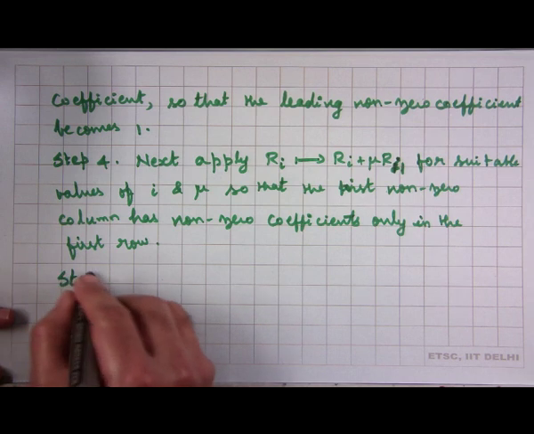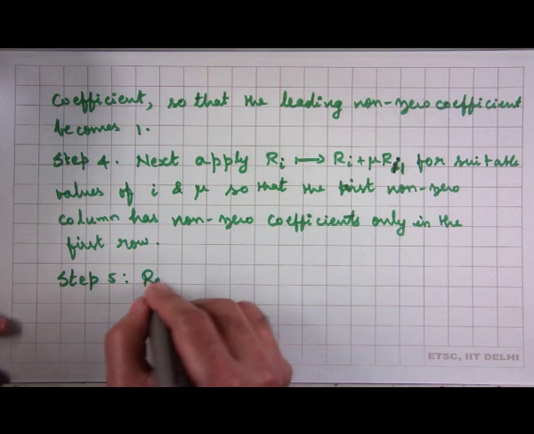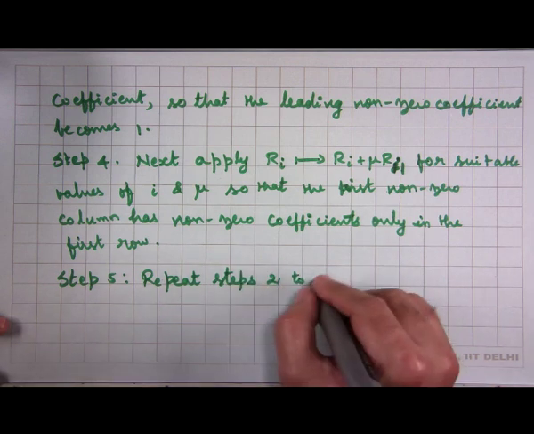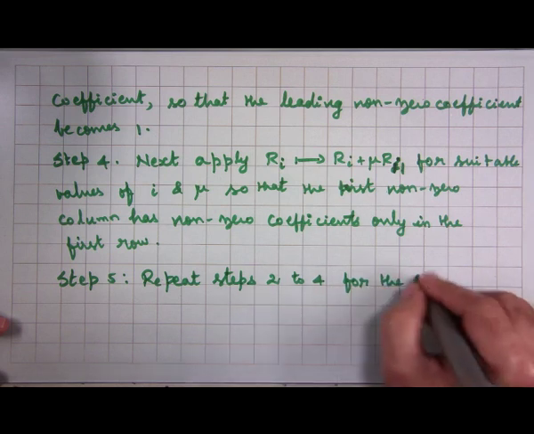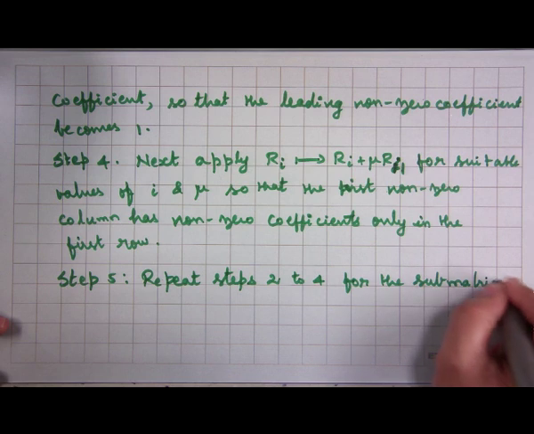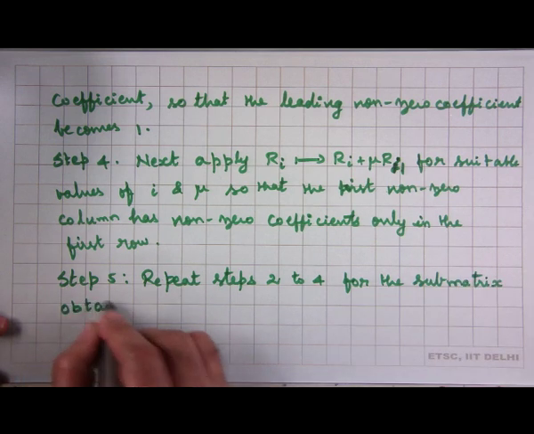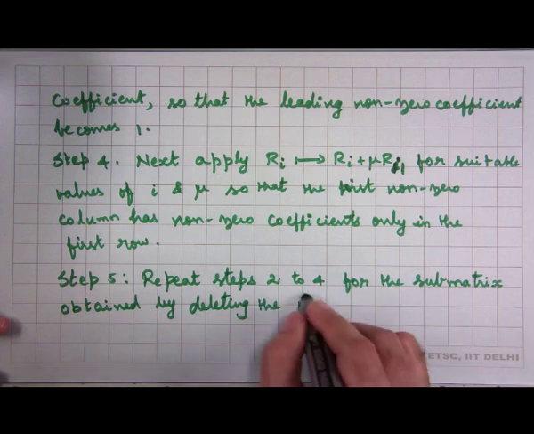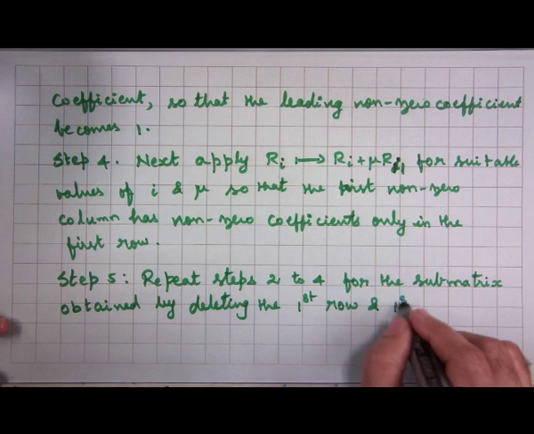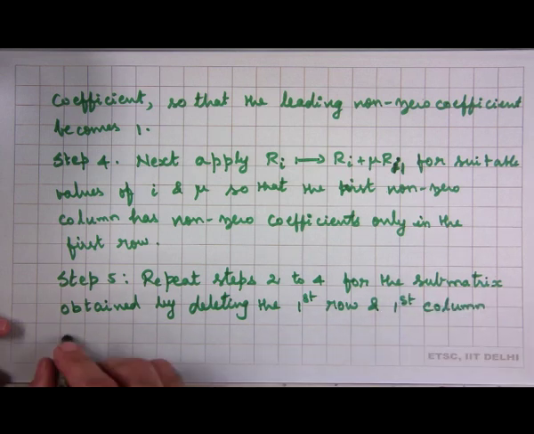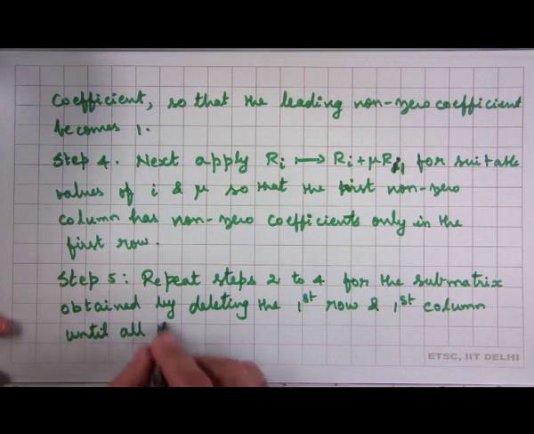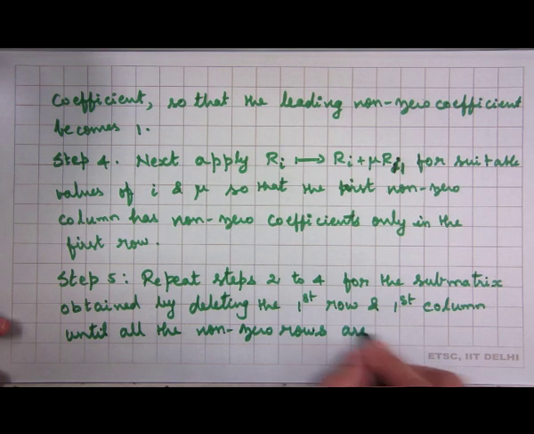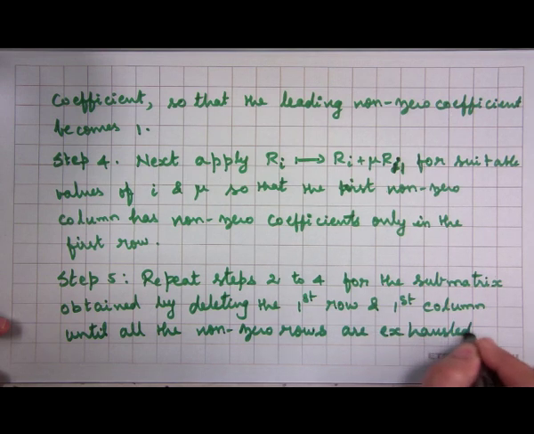Now, step 5, repeat steps 2 to 4 for the submatrix obtained by deleting the first row and first column until all the non-zero rows are exhausted, right.